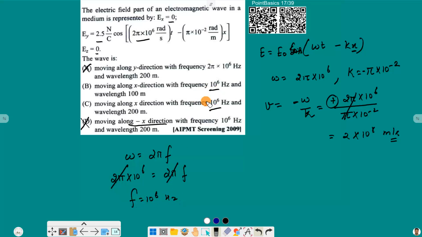So frequency is equal in both of the options, and now we have to find wavelength. That can be inferred from the velocity and frequency relation. We know velocity is frequency times lambda, so 2 into 10 raised to power 8 is equal to 10 raised to power 6 times lambda. So from this, lambda comes out to be 200 meter. That is option C. So option C is the right answer here.